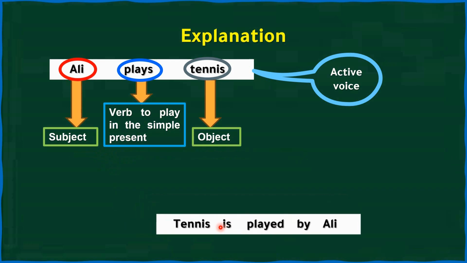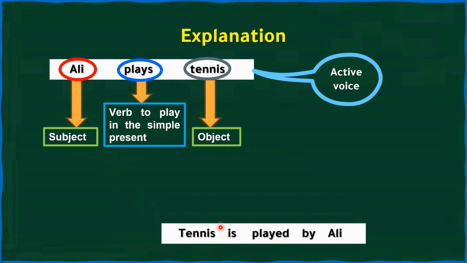For the passive form, the position of the subject and the object changes. Look here. Ali becomes the object, and tennis, which is the object here, becomes the subject.